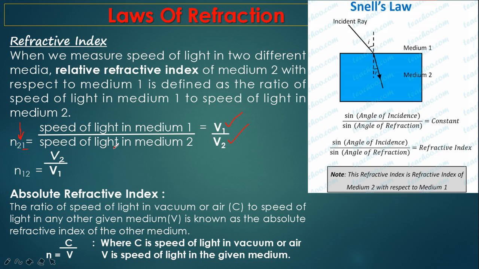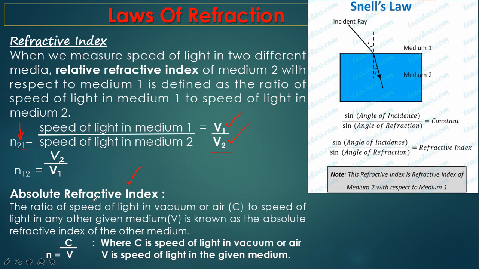Now this is known as relative refractive index when medium 1, which is the reference medium, is not air or vacuum. If we are comparing any other medium, medium 2, with a medium which is not air or vacuum, then the refractive index of medium 2 is known as the relative refractive index with respect to medium 1. Now what is the absolute refractive index?